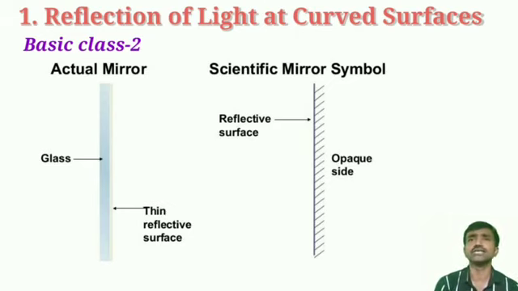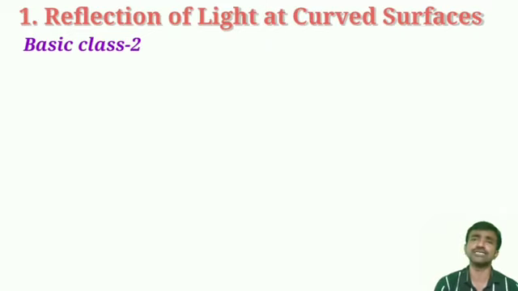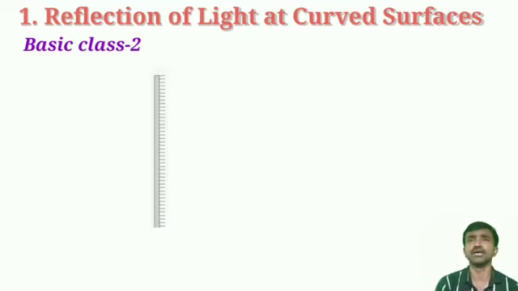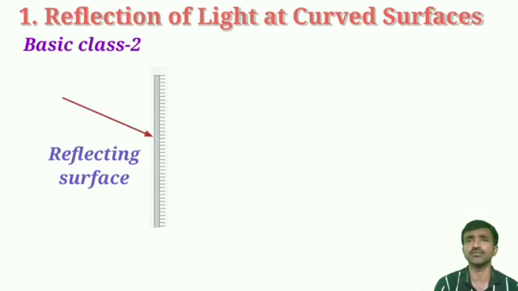So what is a reflecting surface? The surface which is smooth, that means highly polished, that completely bounces the light rays back is called a reflecting surface. That means the light rays are sent back into the same medium, which is called reflection. So that surface acts like a reflecting surface. What about the other surface, the opaque surface?